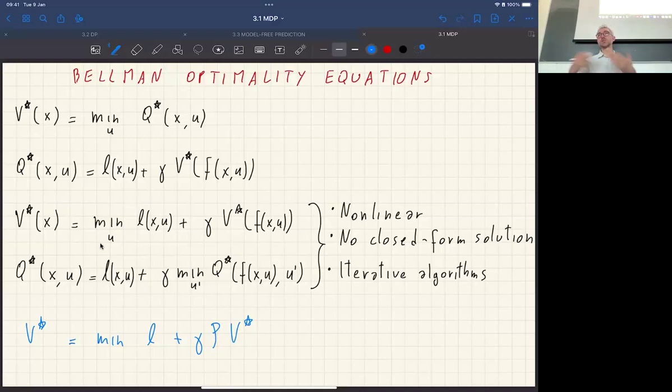It's the same thing, just written in a different form. So why is this nonlinear? And this one instead was linear. So this is linear, and this is nonlinear.